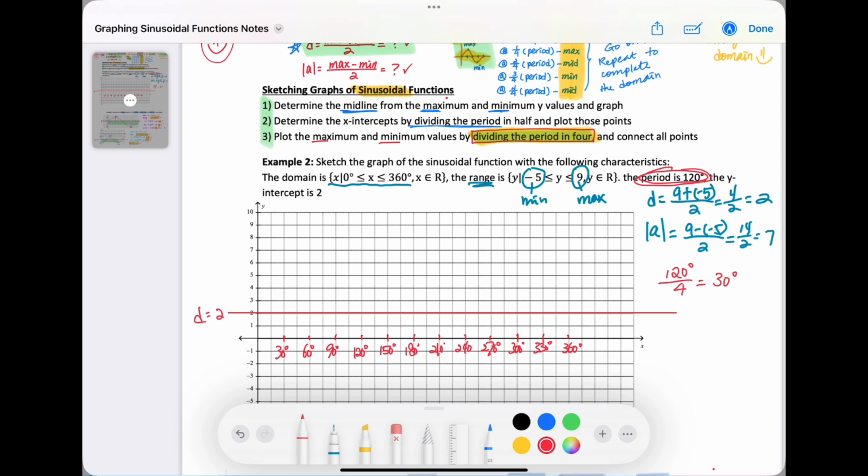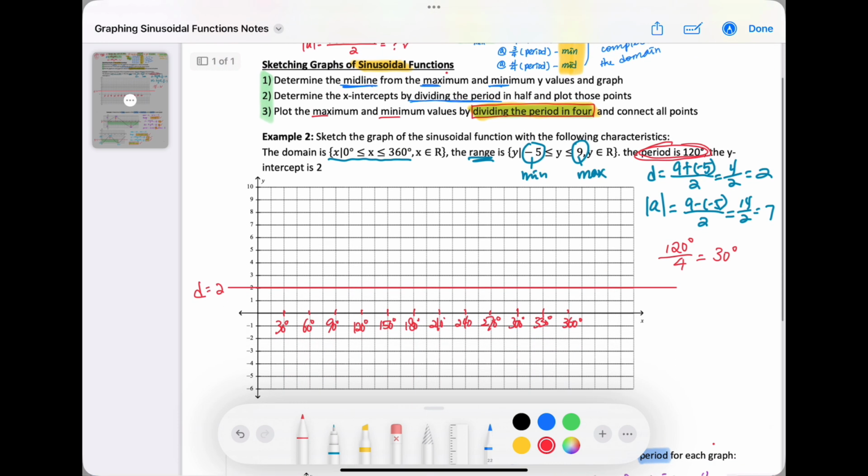Therefore, we mentioned location. Remember, I'm choosing the sine function. So when the sine function is at 0, the location will be the 0 of my period, which is my midline. So I'm going to start at 0, at the midline.